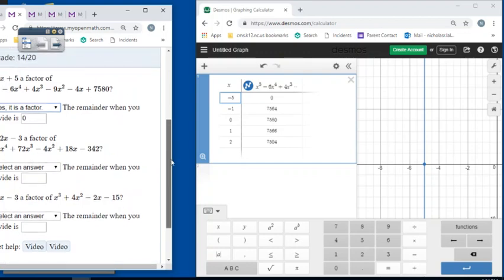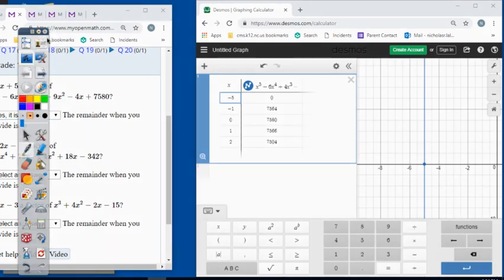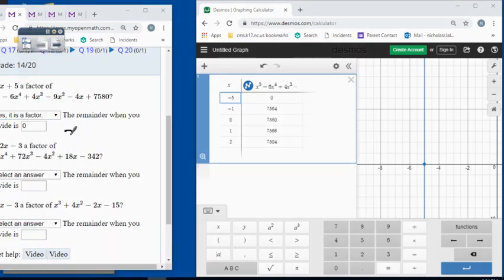Now, let's go to 2x minus 3. If 2x minus 3 is our factor, then that means 2x minus 3 is going to be a 0, which means that add 3 to each side. 2x would have to be equal to positive 3, and x would have to be equal to 3/2.